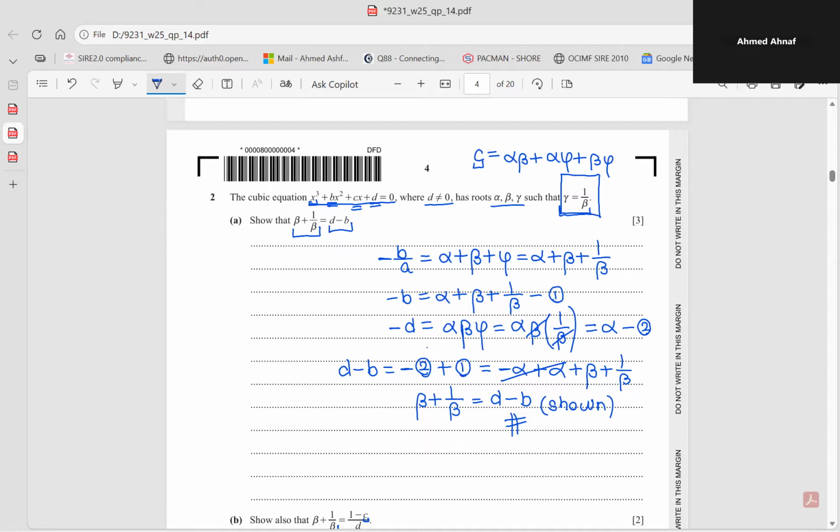So c over a is equal to the sum of the root pairs. You try to combine the roots into unique pairs, and you'll see that you'll end up with these three pairs all the time. Or in summation form, it's just sigma alpha beta.